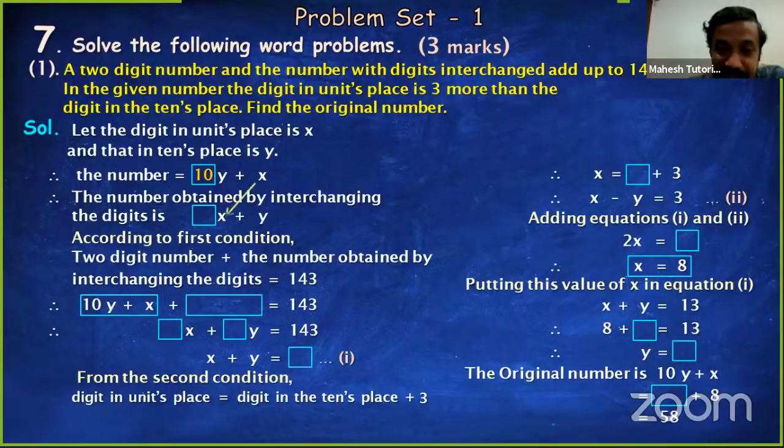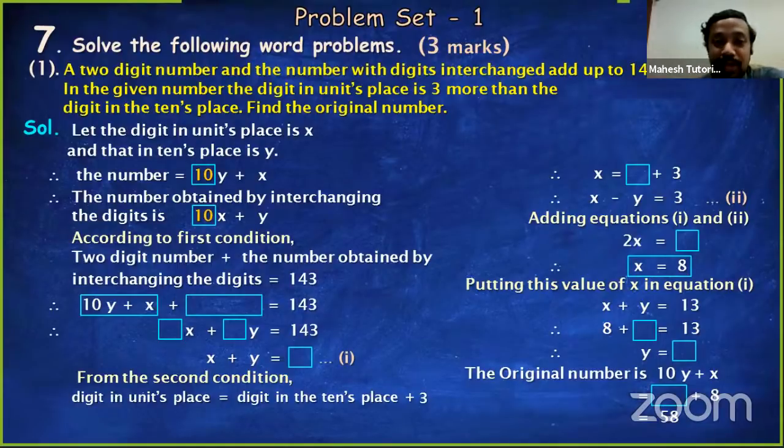Now if I interchange the digits, मतलब x आएगा in tens place and y जाएगा in units place. अब अगर y units के place पे गया है students, तो y will get multiplied by 1 only. लेकिन x tens के place पे गया है, तो x will get multiplied by what? Absolutely correct. It will get multiplied by 10 students. So in that case, the number obtained by interchanging the digits is 10x plus y.